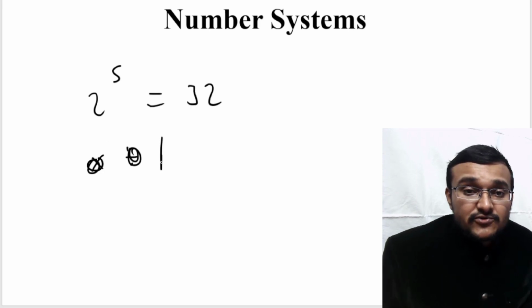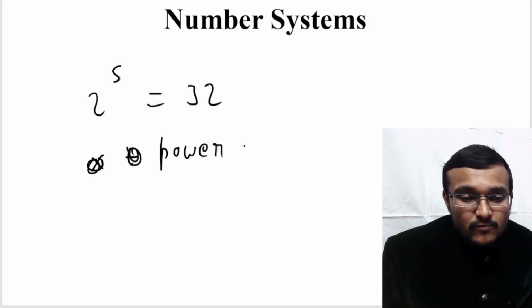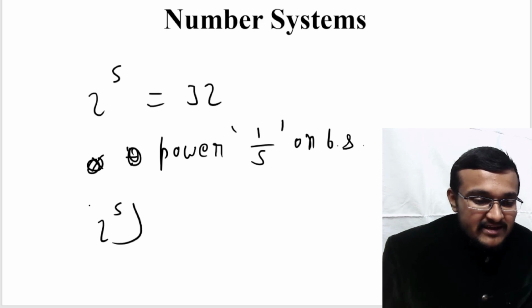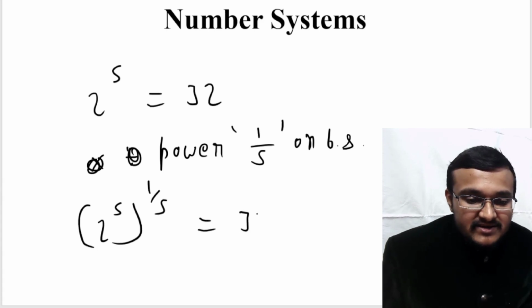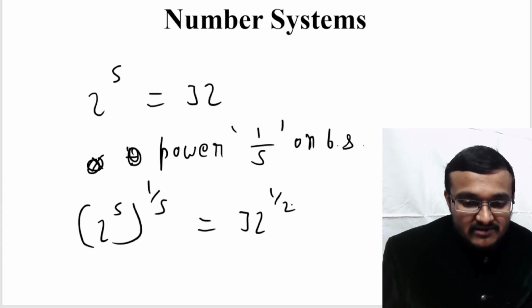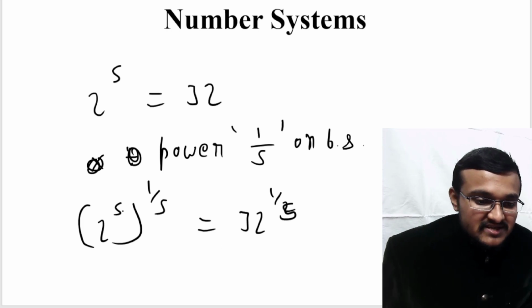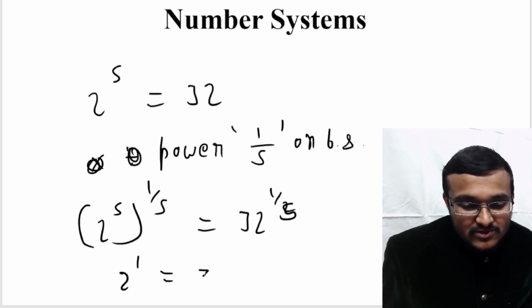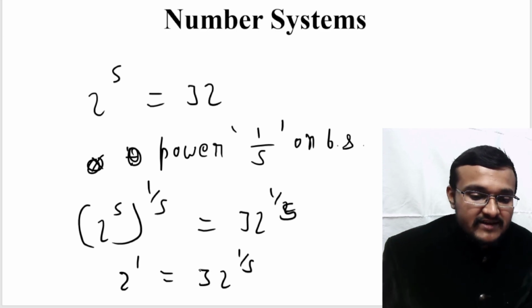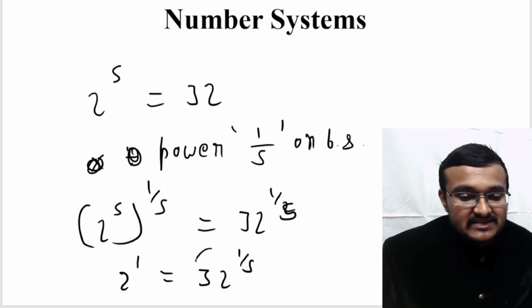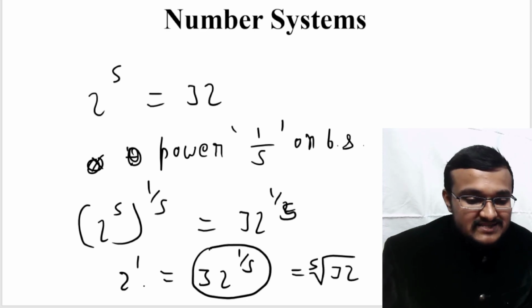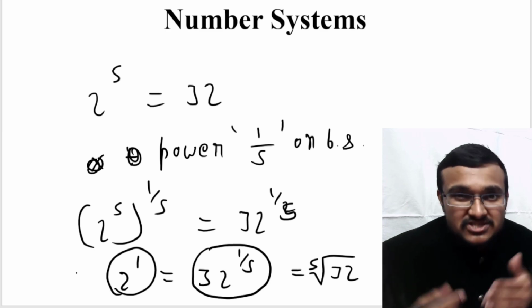Now if you take power of 1 by 5 on both sides, then 2 power 5 whole power 1 by 5, and 32 power 1 by 5 will be remaining. So 5 into 1 by 5 is 5 by 5, which is 1, so 2 power 1 is equal to 32 power 1 by 5. So in the question they have asked 32 power 1 by 5, that is nothing but fifth root of 32, that is nothing but 2 power 1, that is 2.